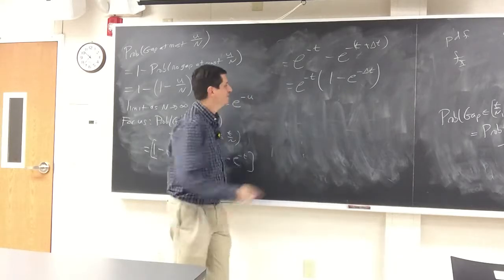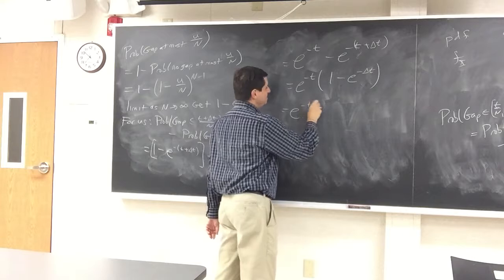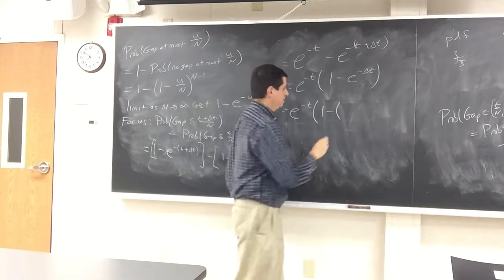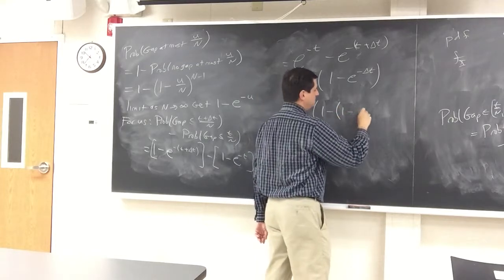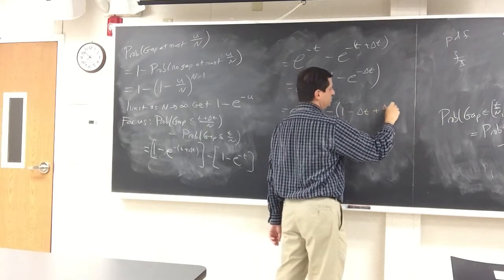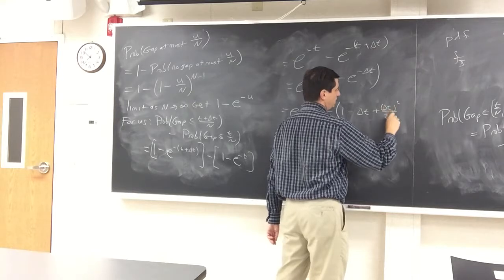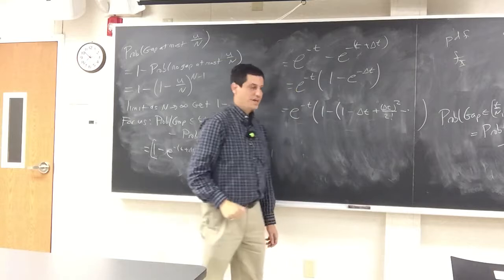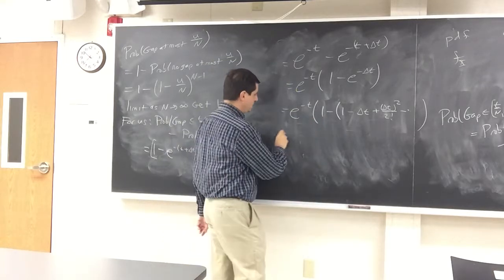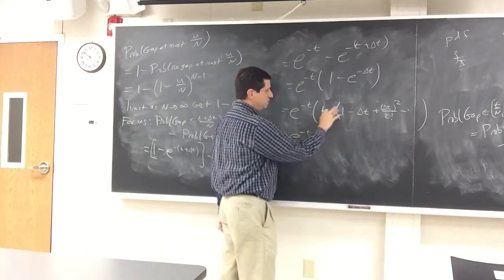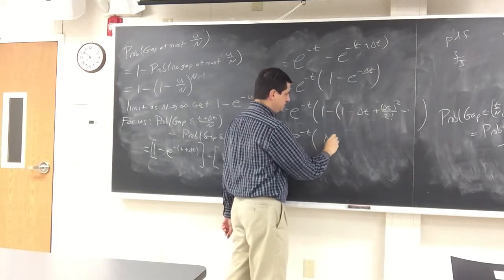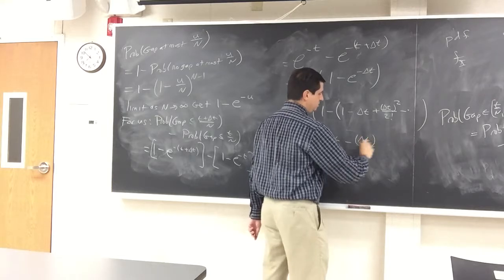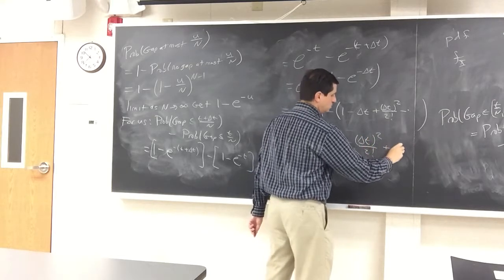The expansion for the exponential: e to the minus delta t is 1 minus delta t plus delta t squared over 2 factorial. No, it's not that bad. And now if you look at what happens, you'll get e to the negative t, the ones cancel, and you'll have delta t, and you'll have a minus delta t squared over 2 factorial.